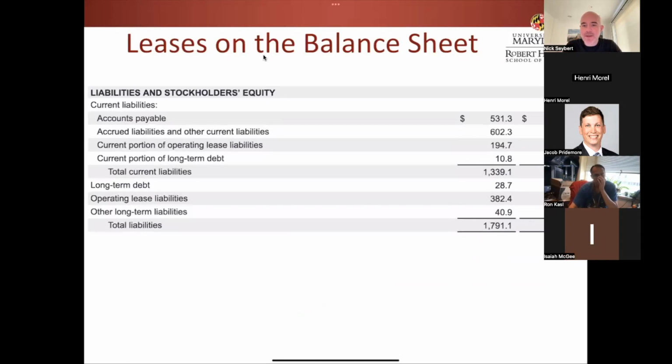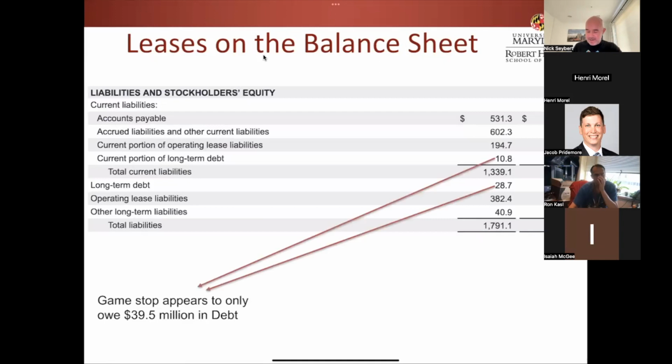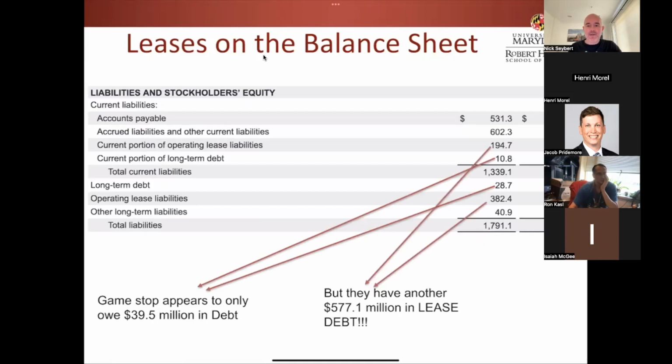What about debt? What about the liability? GameStop has no debt. Now, actually, at some point they had some kind of loan, although it was pretty small, right? 39 million of debt. They're basically debt-free. Well, except for the $577 million of lease debt that they have, right?